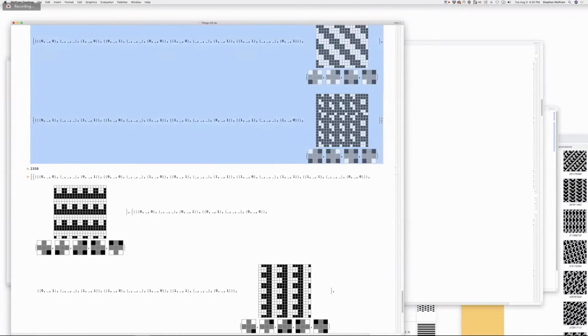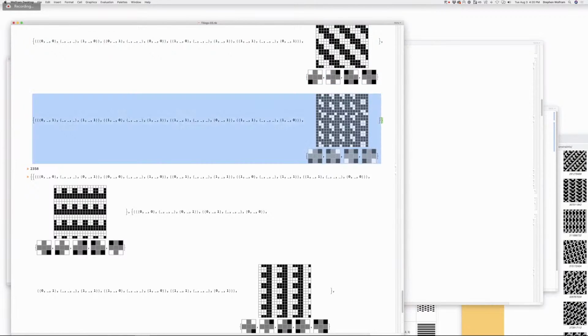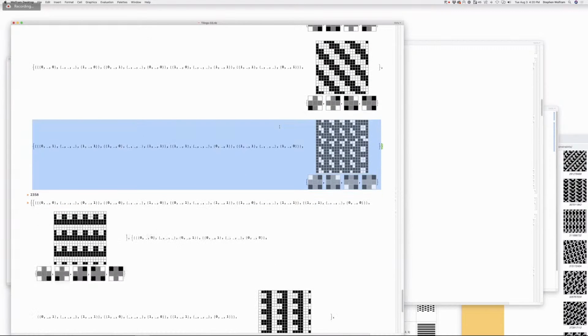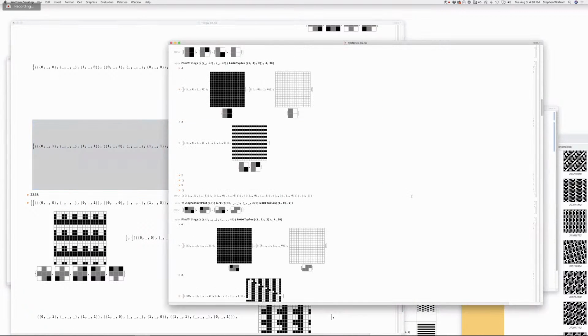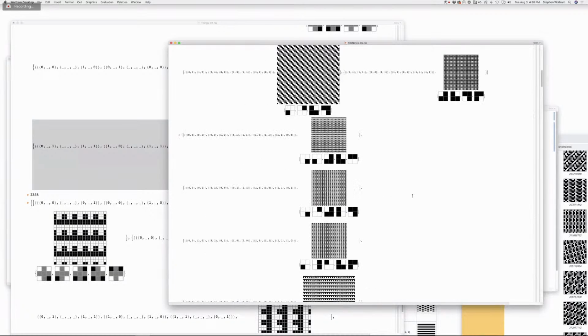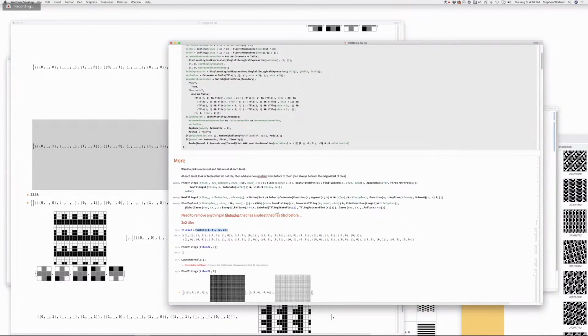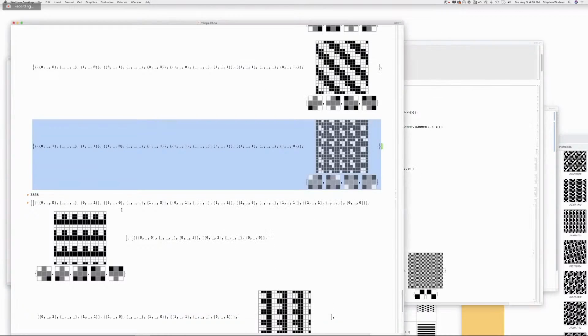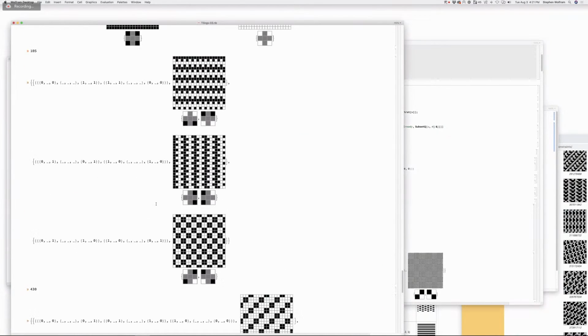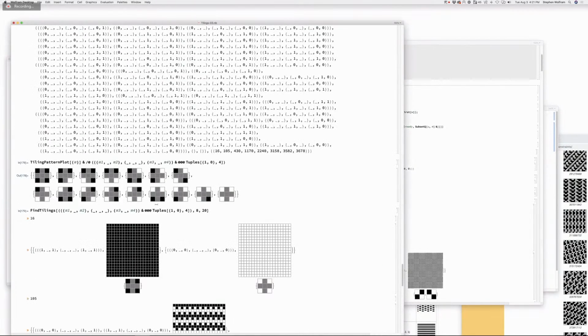This is the one, right? Yeah, it's that one. How big are these? What did I pick as the default size for this? Oh, I'm pretty sure I've been doing 20 now.